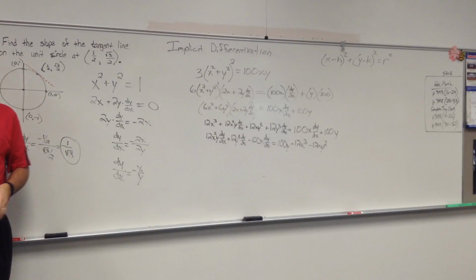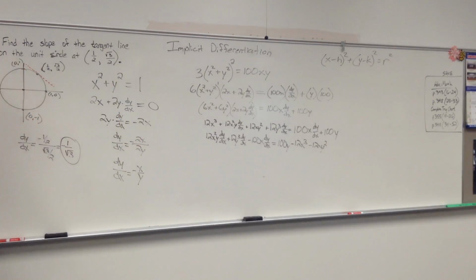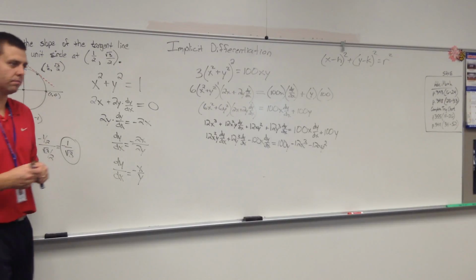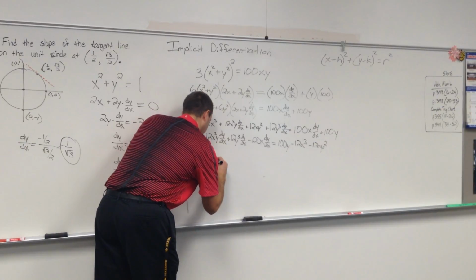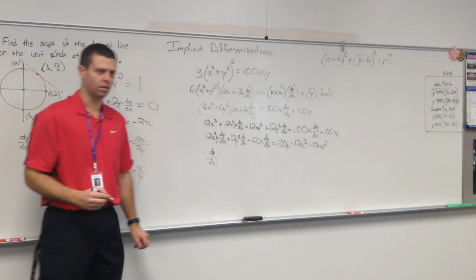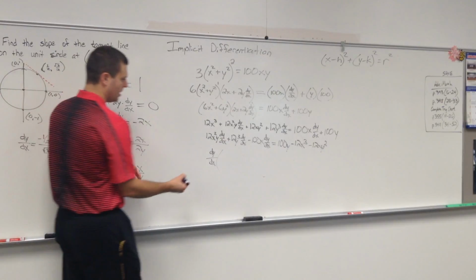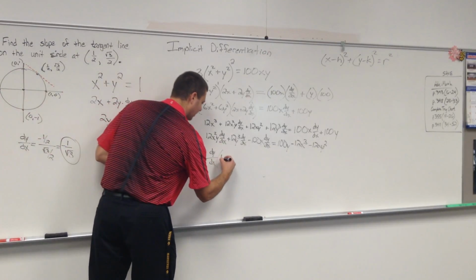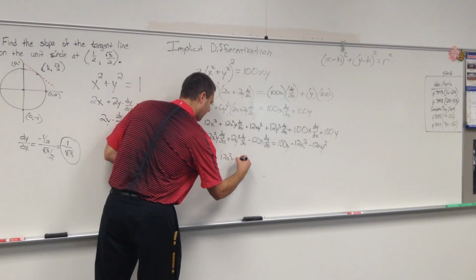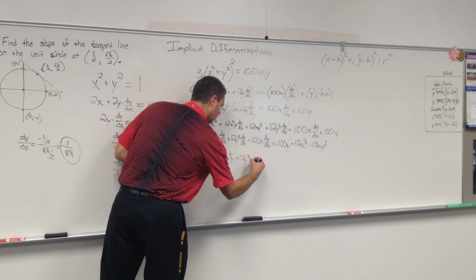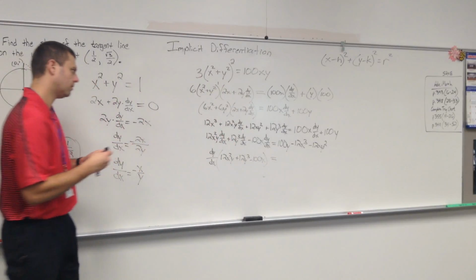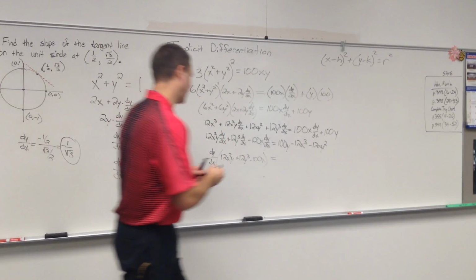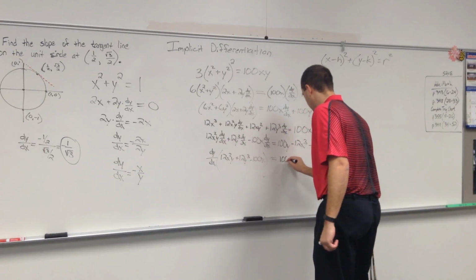Now to solve for dy dx, I have 3 terms with dy dx in them, so I'm going to need to factor it out. Some of you will be able to write your answer at this point, which is fine, but I'm going to go ahead and show all my steps. If I factor a dy dx out of everything, that'll give me 12x squared y plus 12y cubed minus 100x, equals, I'm not going to change that side up.